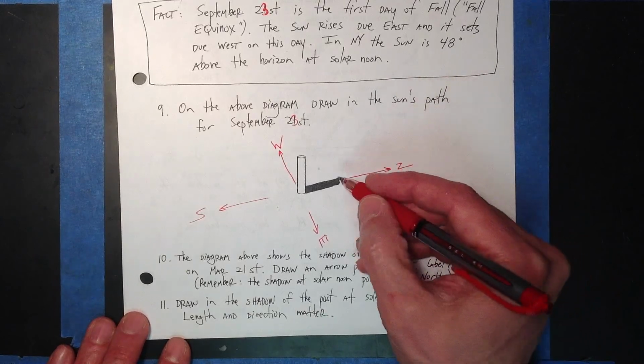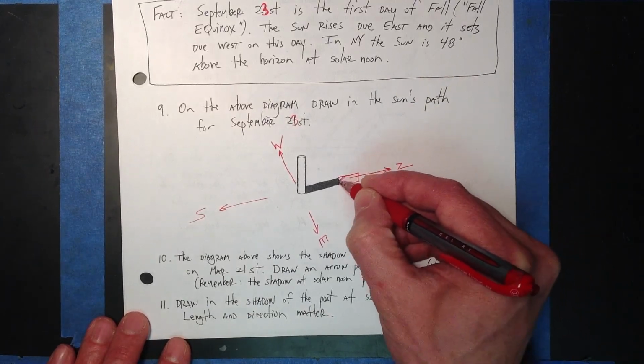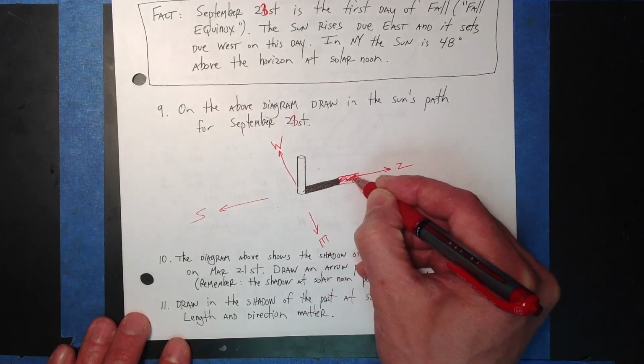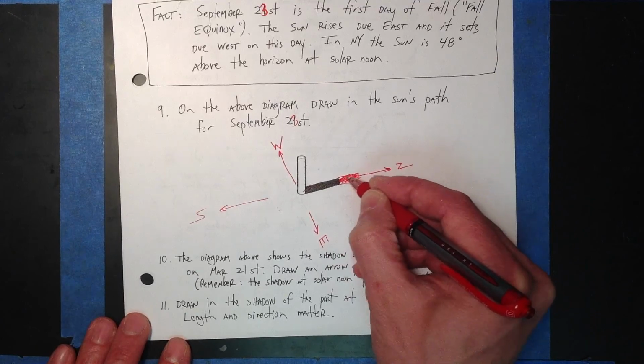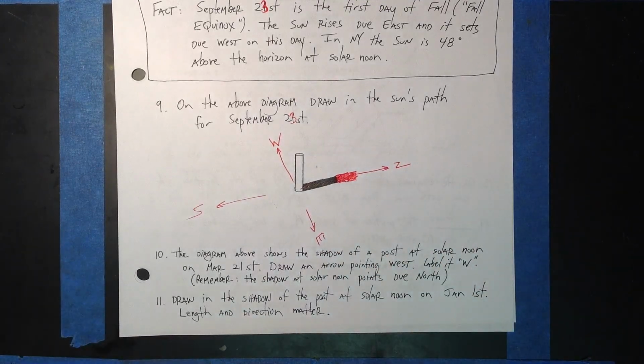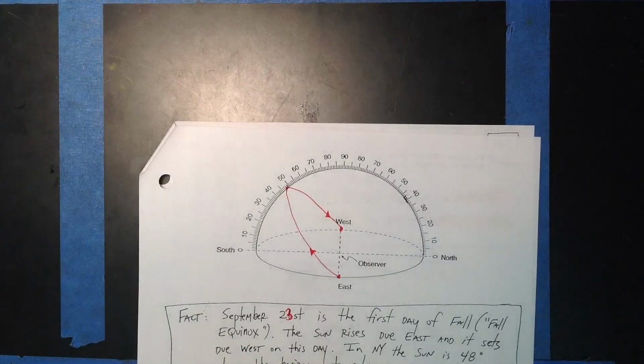So it's kind of an interesting thing to draw. Same direction, you just make it longer. Maybe you go like this, with the idea that you then kind of color over it, so the shadow would be here. Hopefully you can understand that and see what I mean. But that is why it is winter. The sun is lower in the sky, gives you less direct energy when it's lower in the sky, and that's what causes winter. So that's key.